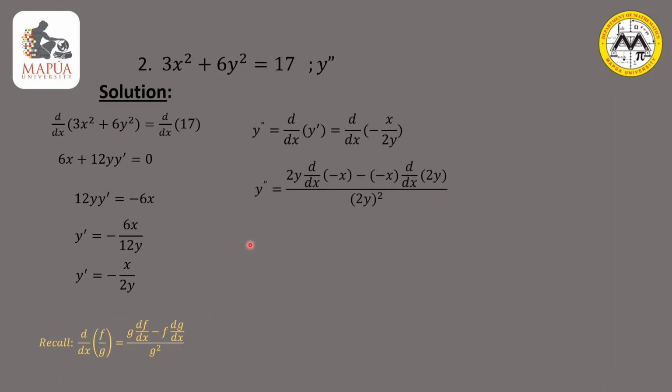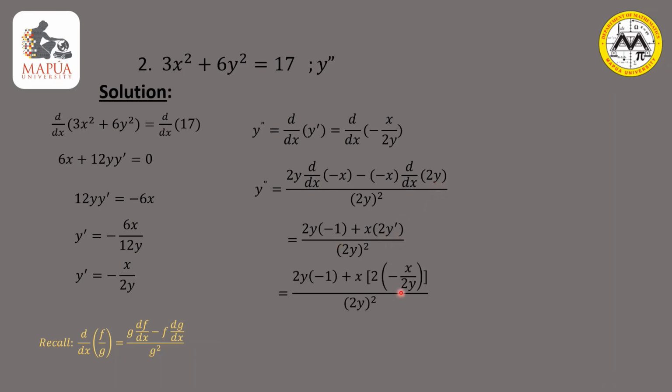will simply give us y double prime equal to 2y times the derivative with respect to x of negative x minus the product of negative x with the derivative of 2y divided by the square of 2y. Differentiating now, we will have the derivative with respect to x of negative x being just a negative 1, and for 2y, we have 2y prime.